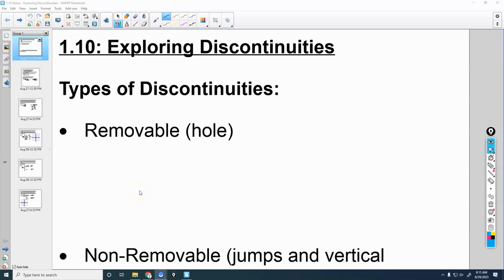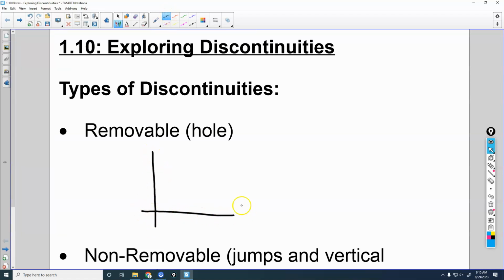Most of the time, if you have a hole in the graph, they're going to call that a removable discontinuity. I can't think of any problems where they actually just call it a hole in the graph, that sort of informal language. But a hole in the graph just simply looks something like this, where you have this single point where the graph still connects, but that one value is not defined.